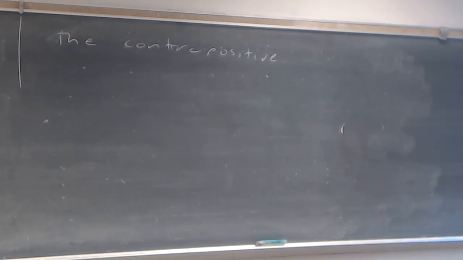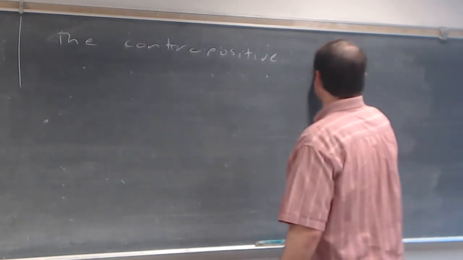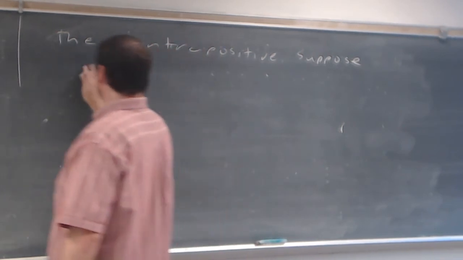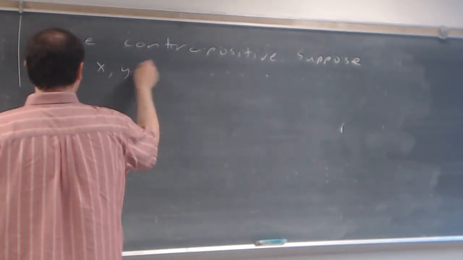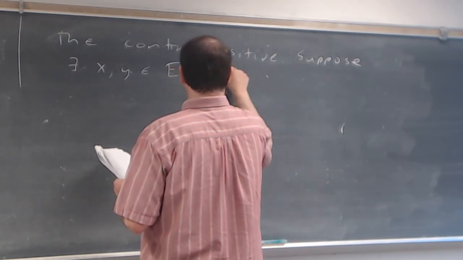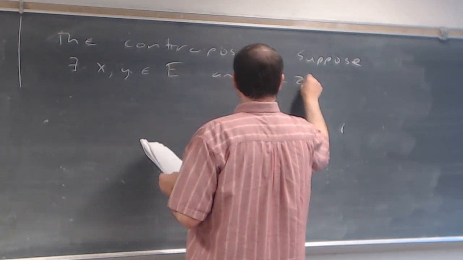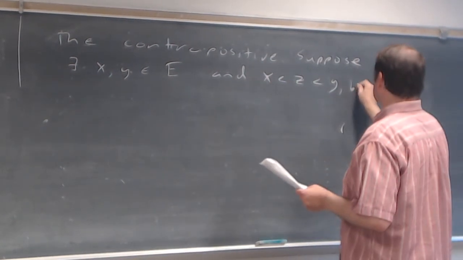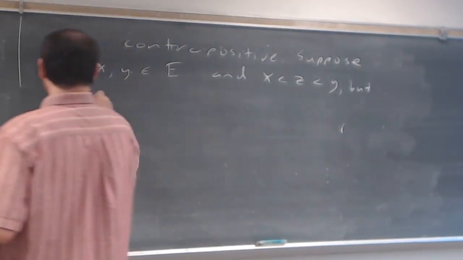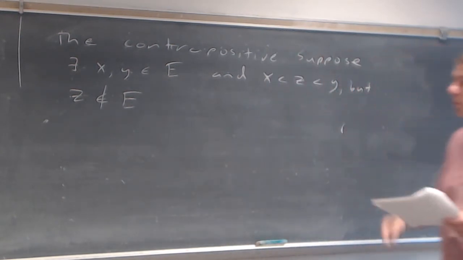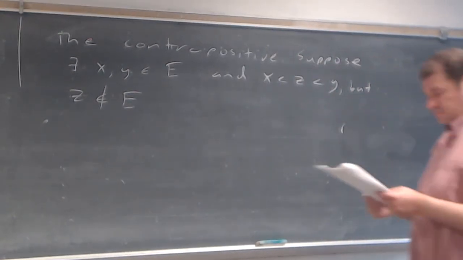Okay, so what does that mean? We're going to suppose that there exist x and y elements of E, and x is less than z is less than y, but z is not an element of E. We want to show that E is not connected.